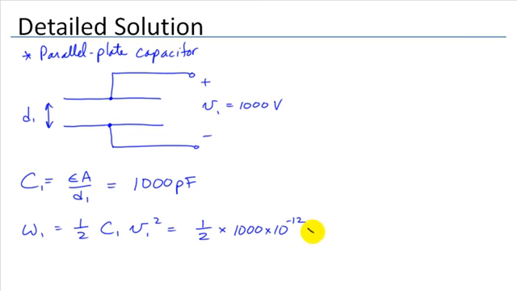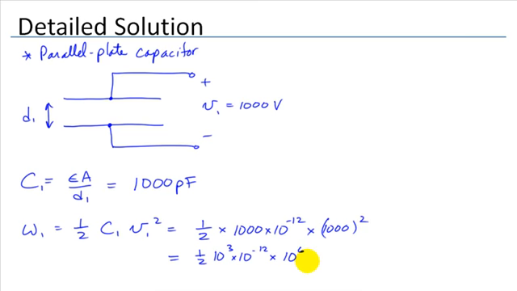Picofarads tells us we should write 10 to the minus 12th. And we write the square of the voltage. All right, 1000 is 10 to the third. We already have 10 to the minus 12th. This would be 10 to the third times 2 for the square.